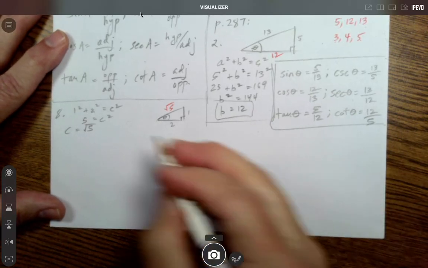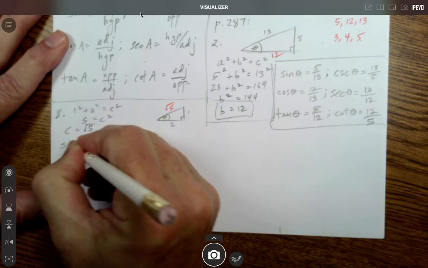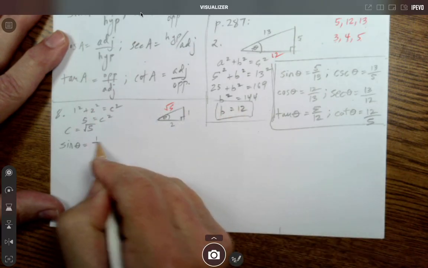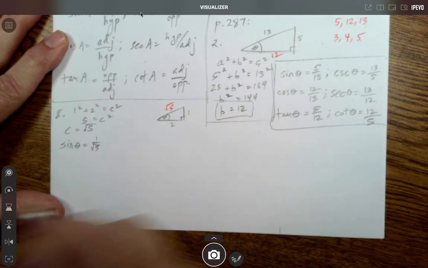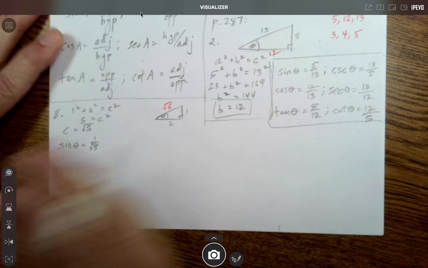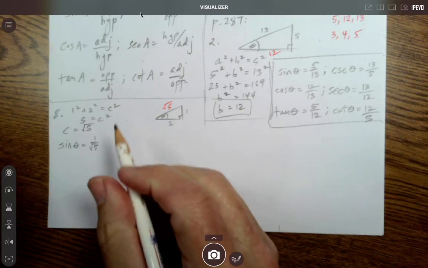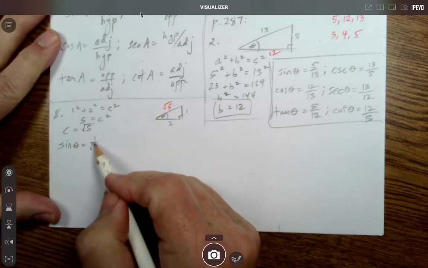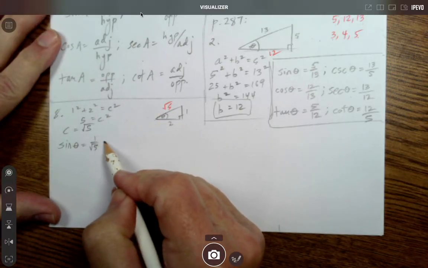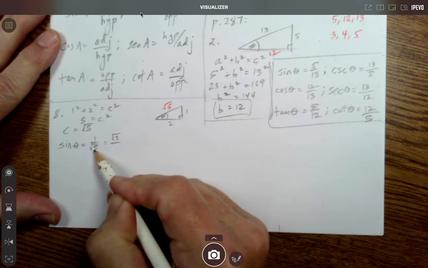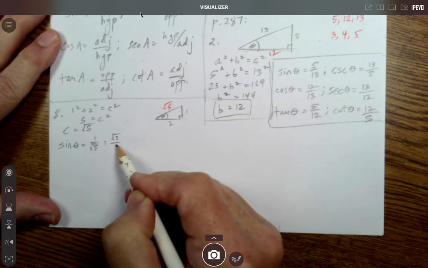So very quickly, sine of theta is 1 over square root of 5. But, you know, that answer is correct. However, it's not simplified or not rationalized. So we multiply top and bottom by the square root of 5, and when I do, 1 times square root of 5 is square root of 5, and square root of 5 times square root of 5 is 5.